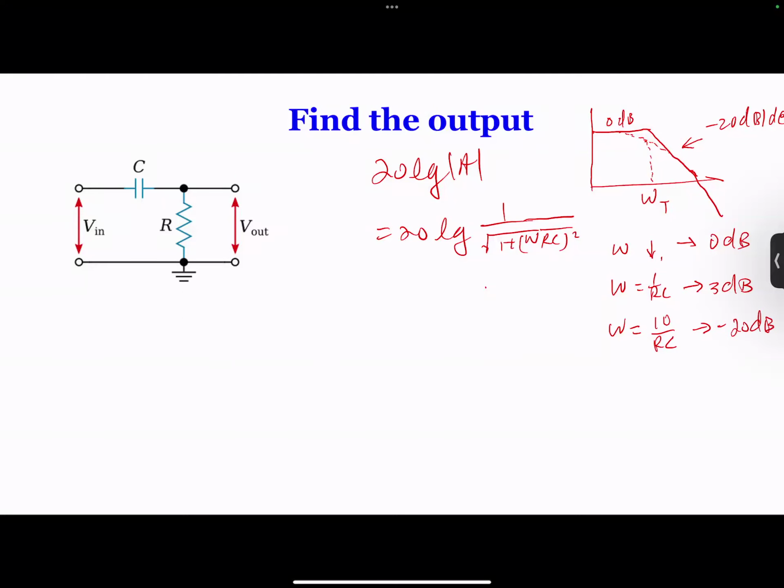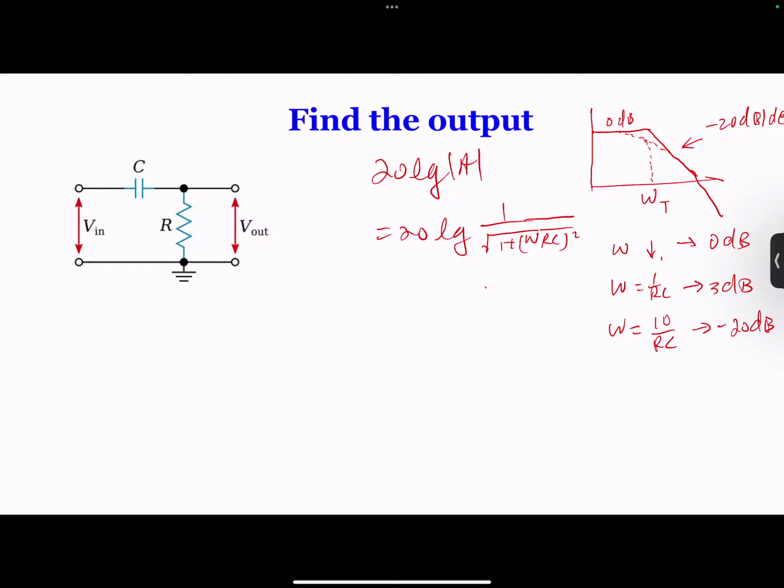So that's what you get, the minus 20 dB. So that's why, see, for every 10 times increase of frequency, your dB decreases by 20. That's what they call this line: minus 20 dB per decade. 1 decade means an increase of 10.